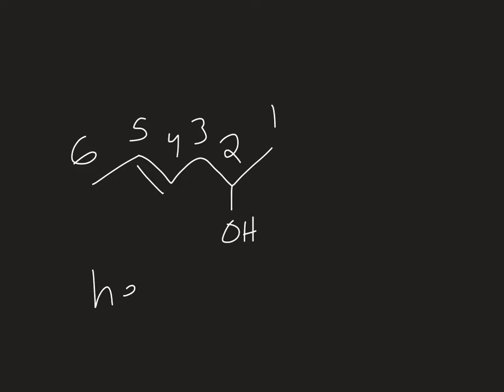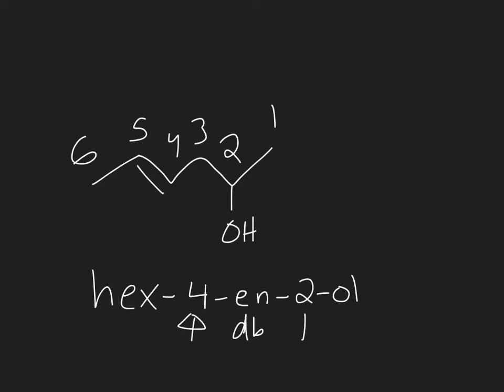So I've got a hex-4-ene-2-ol. This locant tells me about my double bond, and this locant tells me about where my alcohol is. And hex tells me that I have 6 carbons. So I have a 6-carbon chain, there's an alcohol at the 2 position, there's a double bond at the 4-5 position.